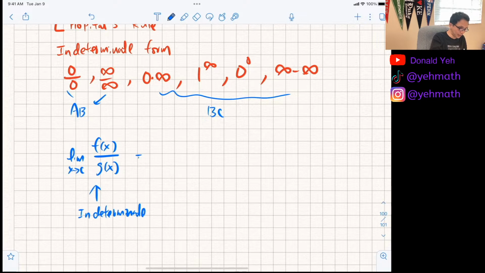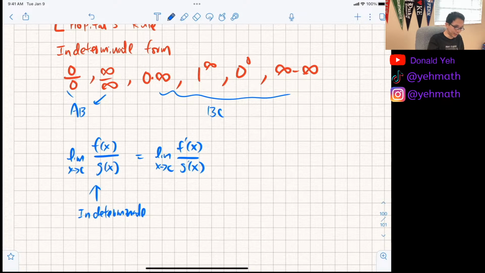If it's indeterminate, then you say limit as x approaches c, instead of talking about the function, we can talk about the rate of the function, which is f prime of x over g prime of x. Because if the function doesn't work, you can look at the rate, which is the derivative.